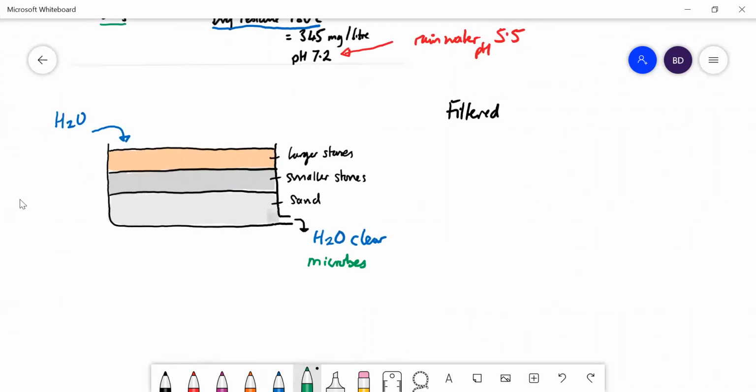So the microbes need to be removed or killed, and that is usually done by treating the water with chlorine gas. Now chlorine is a pretty powerful oxidizing agent. It will kill any microbes, and before the water gets to your house, it's a gas, so it will evaporate from the water, so it won't get to you.